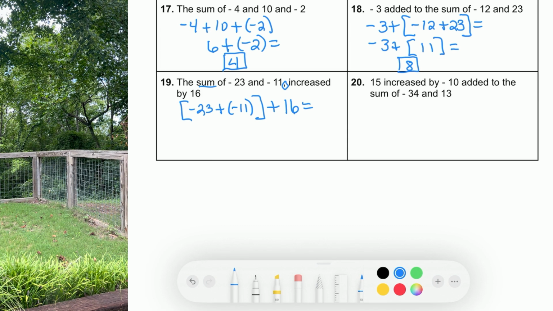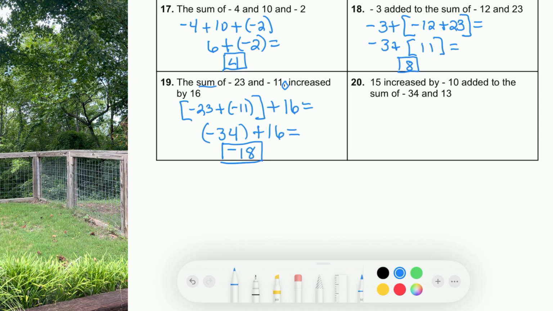Negative 23 plus negative 11, they have the same sign, so we're going to actually add them and keep the sign. Negative 34 and 16 have different signs, so we're going to take the difference, which is 18, and keep the sign of the larger. 34 is larger, so it's going to be negative 18.